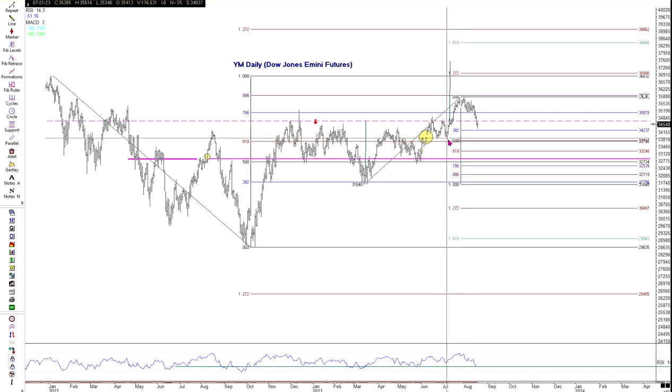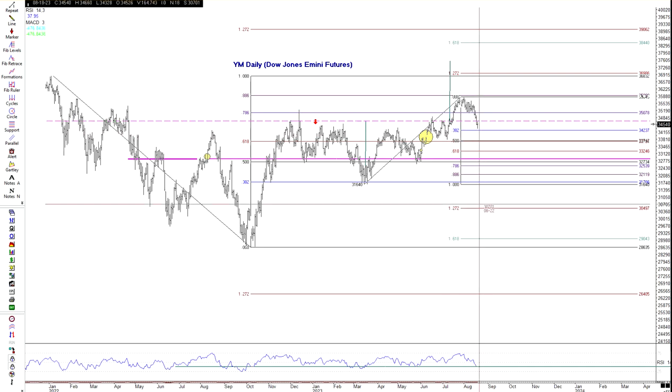So you can see that there could be potential short-term support at this level.